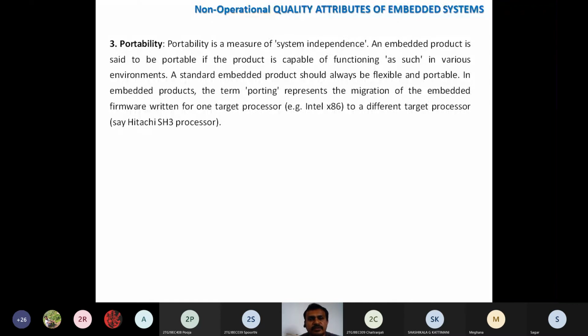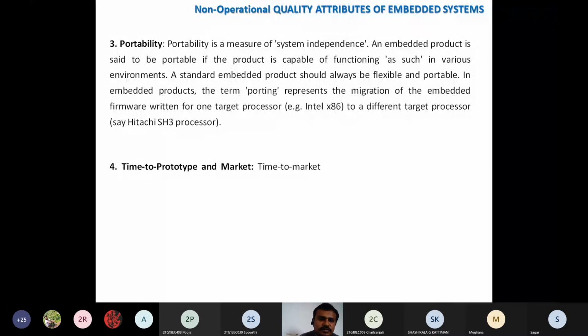In an embedded product, the term porting represents the migration of the embedded firmware written for one target processor to a different target processor. Means I want to replace a chip designed using C program by a chip designed using embedded C or Java. So those things must be migrated. That is nothing but what we call porting.